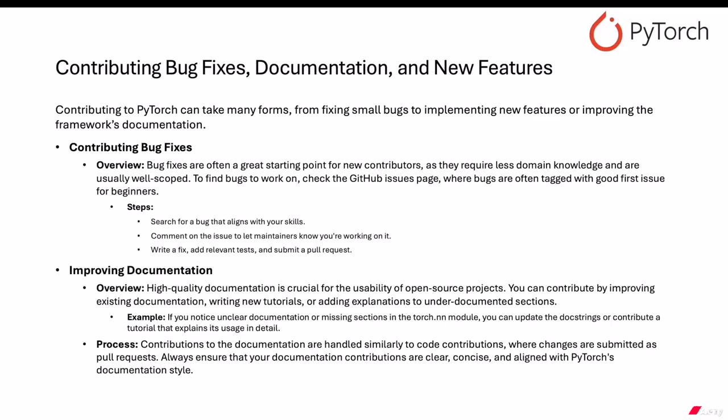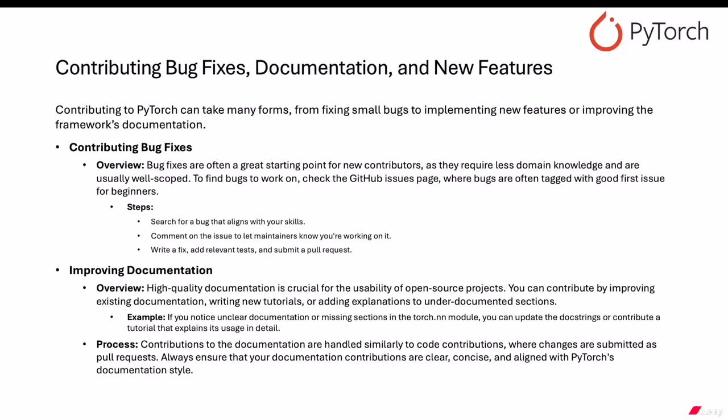Contributing to PyTorch can take many forms, from fixing small bugs to implementing new features or improving the framework's documentation. Contributing bug fixes. Bug fixes are often a great starting point for new contributors, as they require less domain knowledge and are usually well scoped.